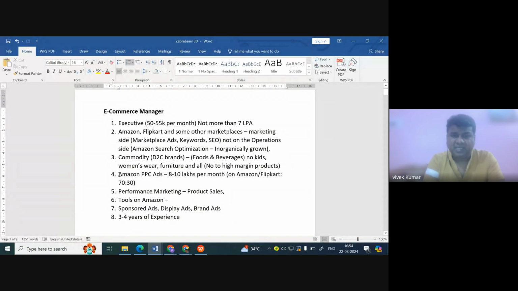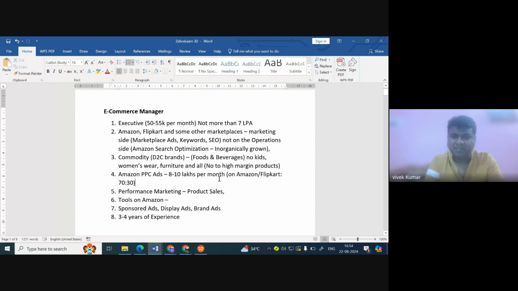And then they had this other detail, saying that the person should have handled Amazon ads. Amazon also allows you to run sponsored campaigns. If you have seen on Amazon, a lot of ads come up at the top. They mentioned that the person should be able to manage at least 8 to 10 lakhs of advertisement spend per month.